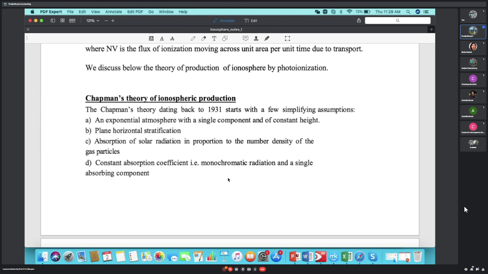To simplify the process, he assumed monochromatic radiation, which means a single frequency, and a single absorbing component. If it is O, not O2 or N2, then it is a single absorbing component. Only O is the absorbing atom or molecule, and it absorbs.